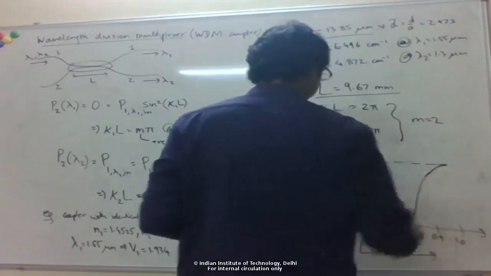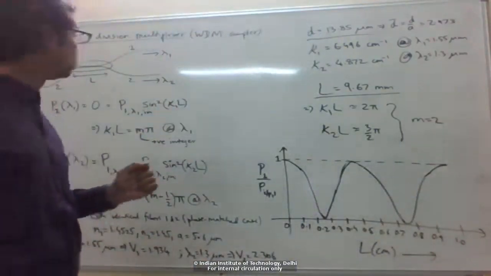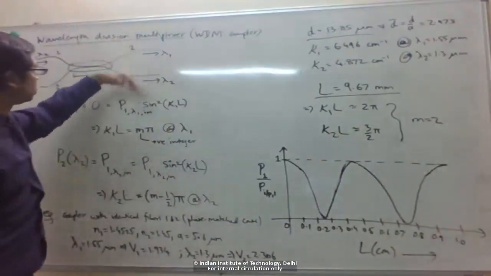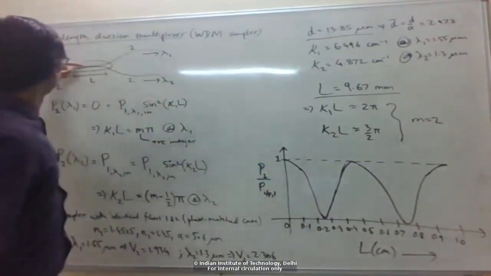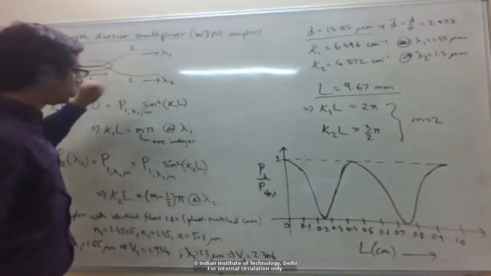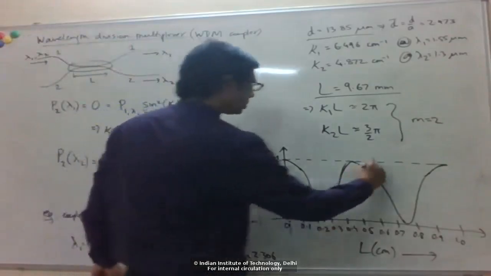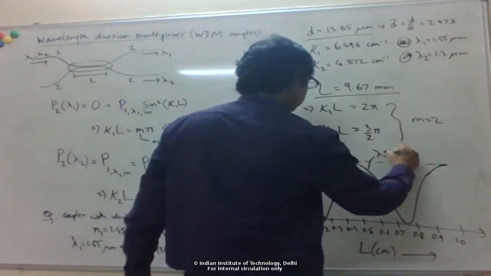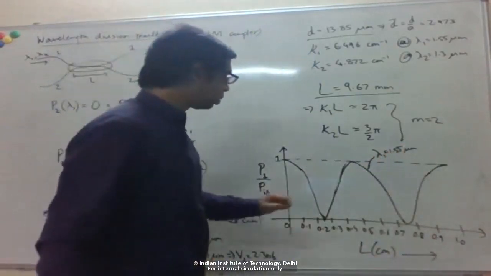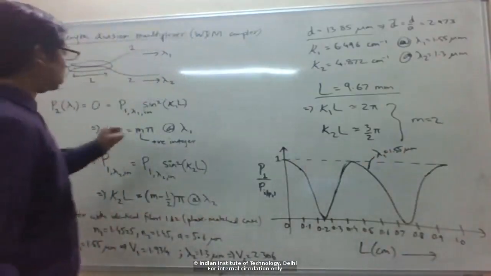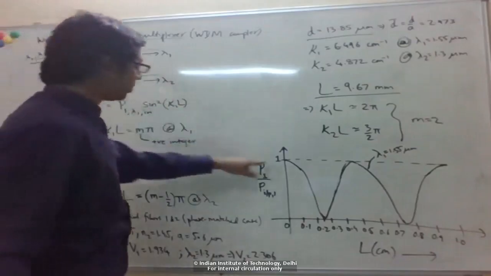Every time this kappa L increases by pi by 2, the power is transferred to the other port. When it first becomes pi by 2, then the entire power is transferred to port 2, and so it happens here. This is for 1.55 micron, at L equal to pi over 2 kappa, the entire power comes out of port 2 and 0 power in port 1.